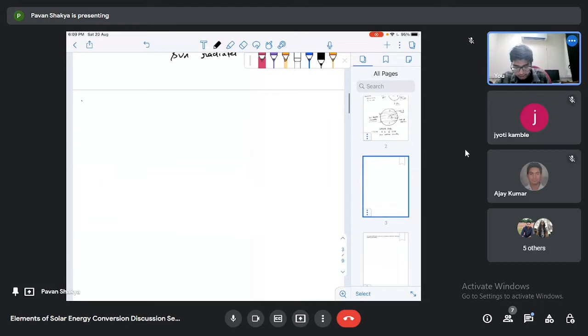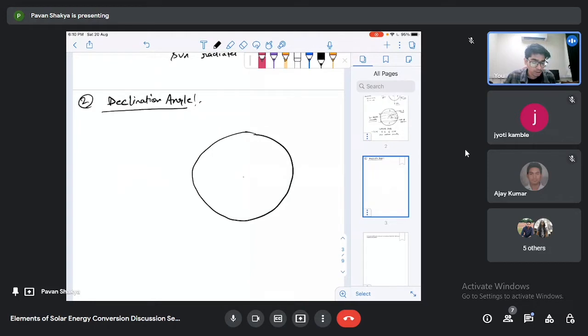The next is the declination angle. As we know, suppose this is our globe, this is our center, this is the equatorial plane, and if the sun is radiating like this normally, then this angle with the projection of it on the equatorial plane is called the declination angle.